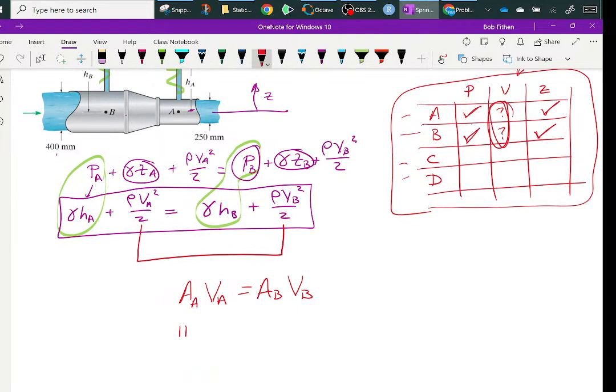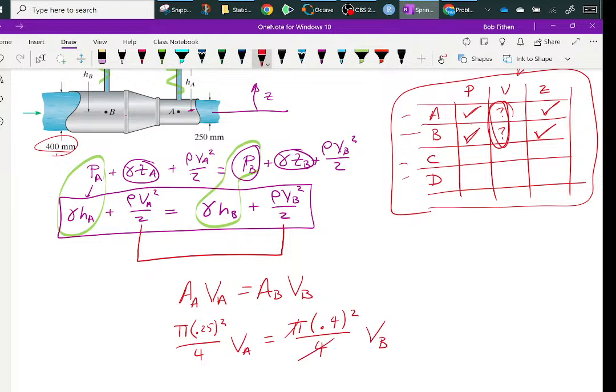So pi, area A is 0.25 squared over 4, VA is equal to pi times 0.4 squared over 4, VB.